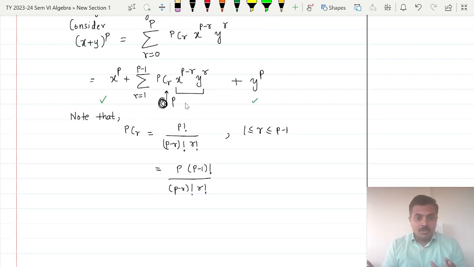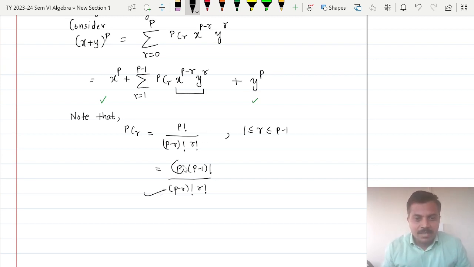So now the only thing left to show is that this is divisible by p. We already showed that the numerator is a multiple of p, meaning p is present in the numerator. If we are able to show that the denominator is not divisible by p, then we are through, right? Then there is no chance that this p will get cancelled out with a p in the denominator.